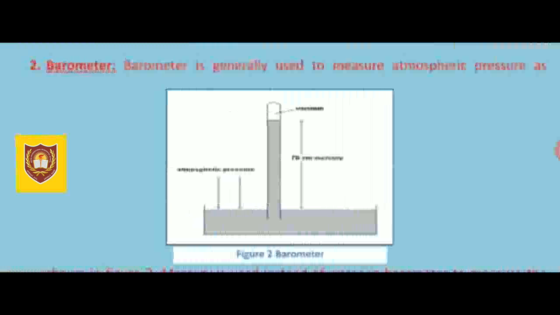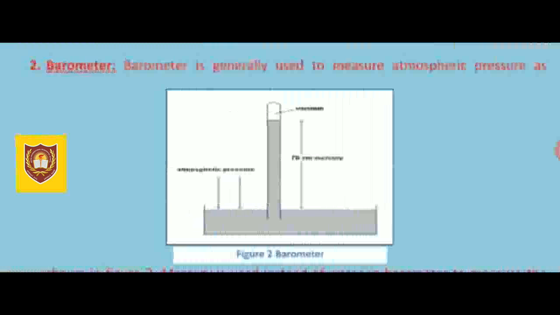The barometer is designed as a glass tube with one end open and the other end sealed. The tube is filled with mercury. This glass tube sits upside down in a container called the reservoir, which also contains mercury. The mercury level in the glass tube falls, creating a vacuum at the top.